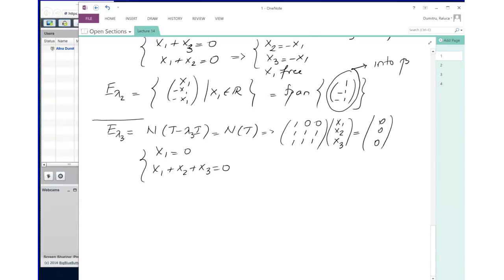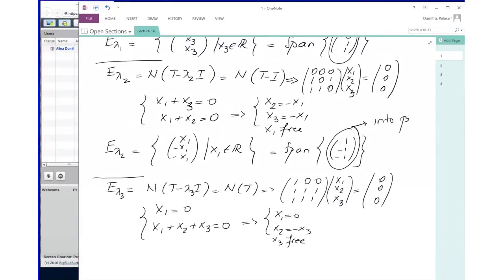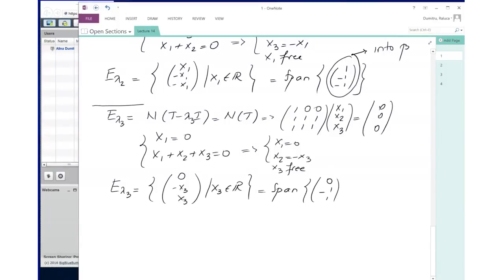Second and third equation are one and the same. So x1 is 0, x2 is negative x3, and x3 is free. So E lambda 3 looks like this. Vectors of the form 0, negative x3, x3. So the span of the set containing the vector 0, negative 1, 1, and this vector goes into beta again.